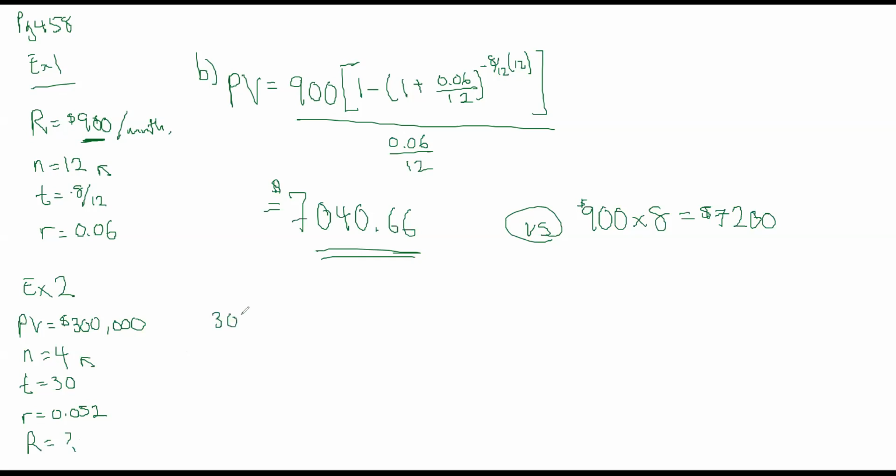Well, plugging it into the formula, my PV this time is 300,000. My R is there. 1 plus 0.052 divided by 4, to the power of negative 4 times 30.